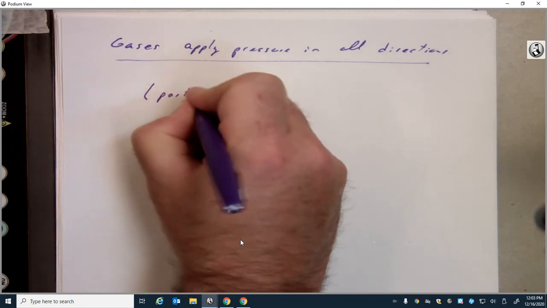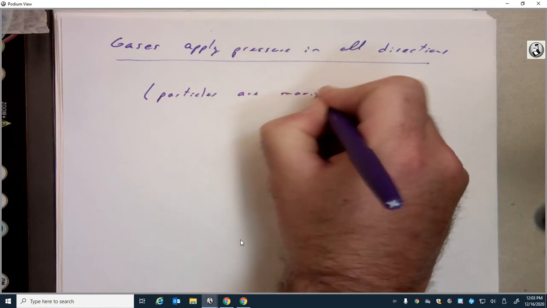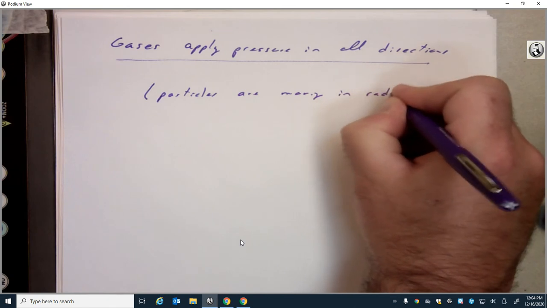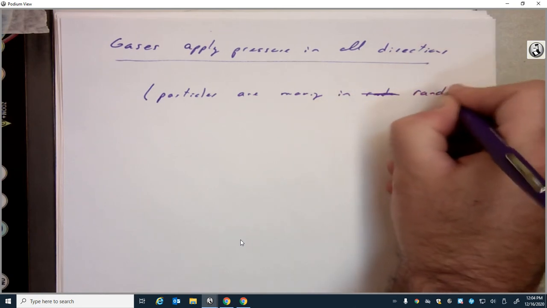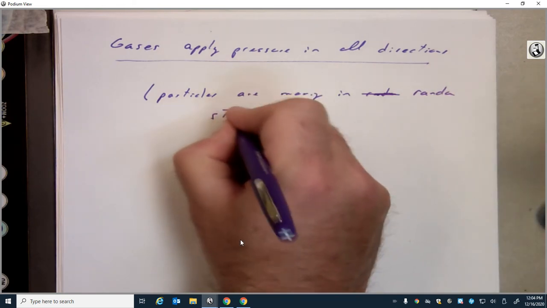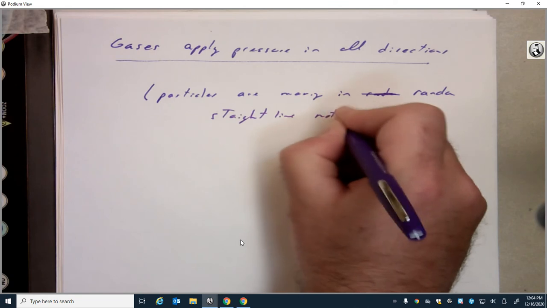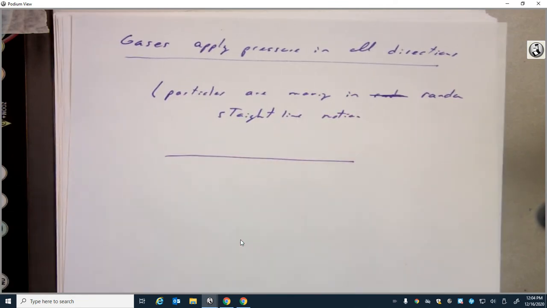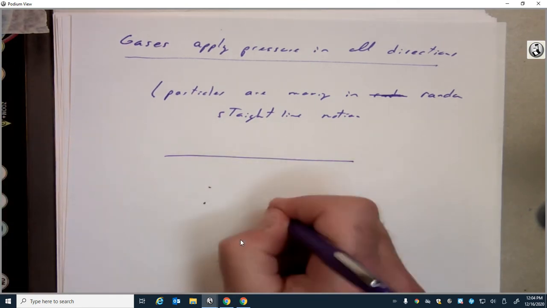Well, the particles are moving in random straight line motion. So they're moving in all directions, right? Let's say I have a piece of paper up in the air and there's gas under here.